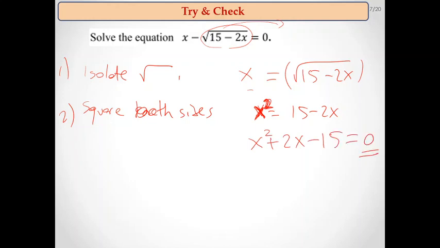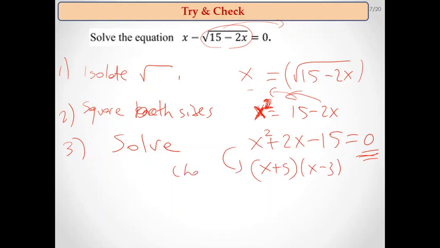So make it equal to 0, send all of them here. We have 0 here, and then you can factor or use the quadratic formula. Okay, solve this one, and then you can do x plus 5 times x minus 3. Okay, check it please.